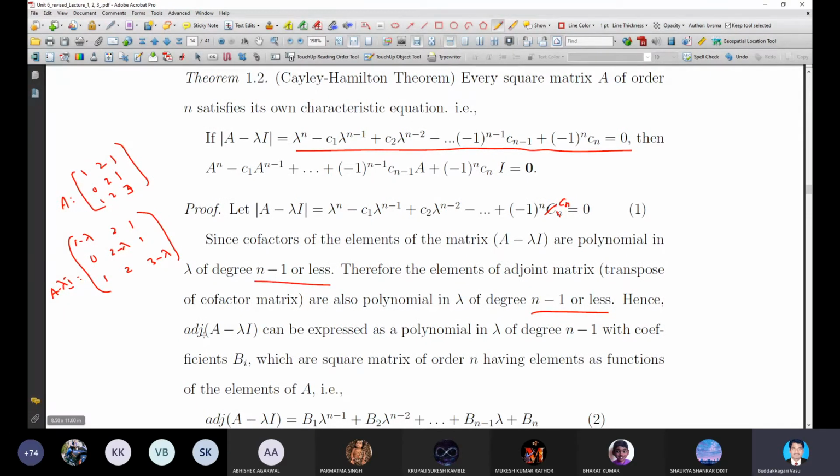That is a matrix polynomial with matrices as the coefficients, b i we can say, which are square matrices of order n. Okay, right?